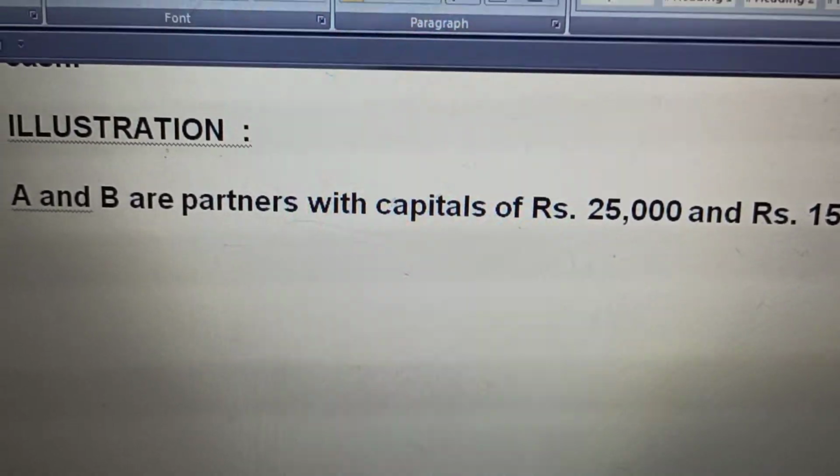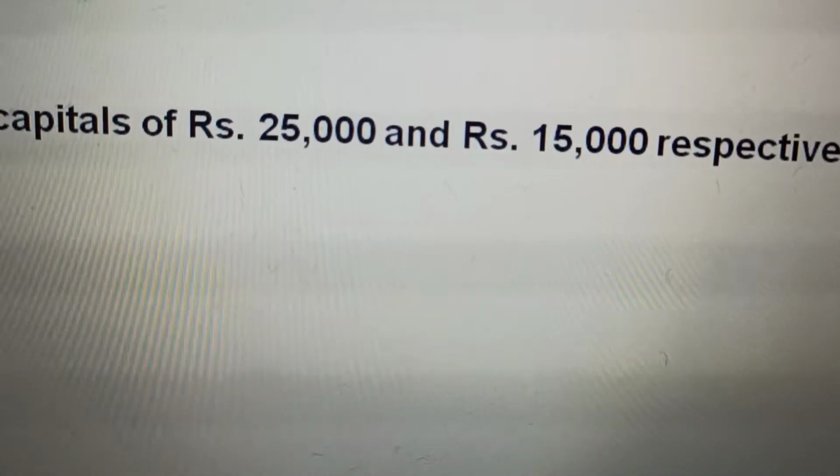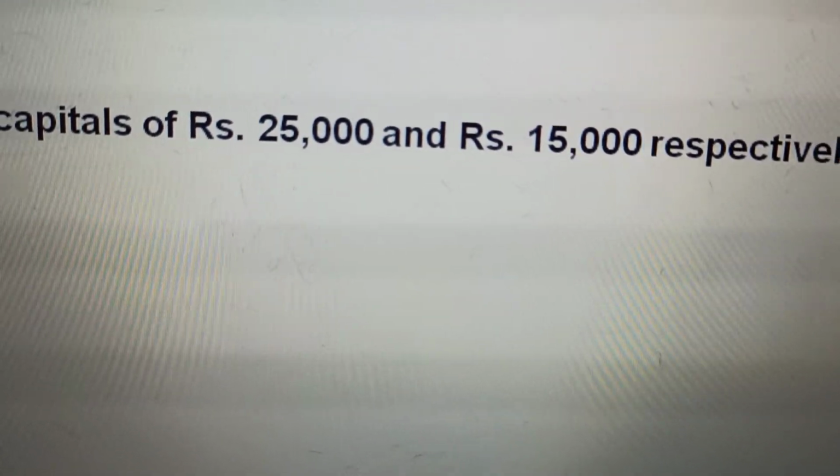This is to explain. A and B are partners with capitals of 25,000 and 15,000 respectively.